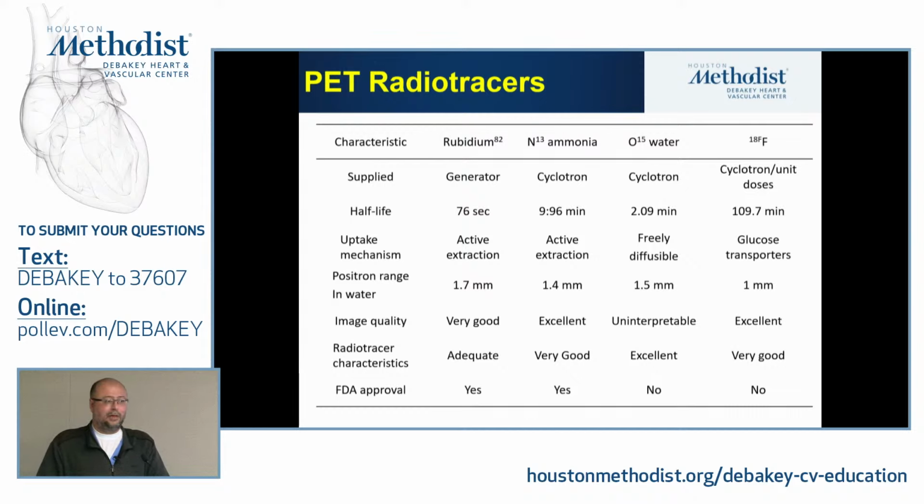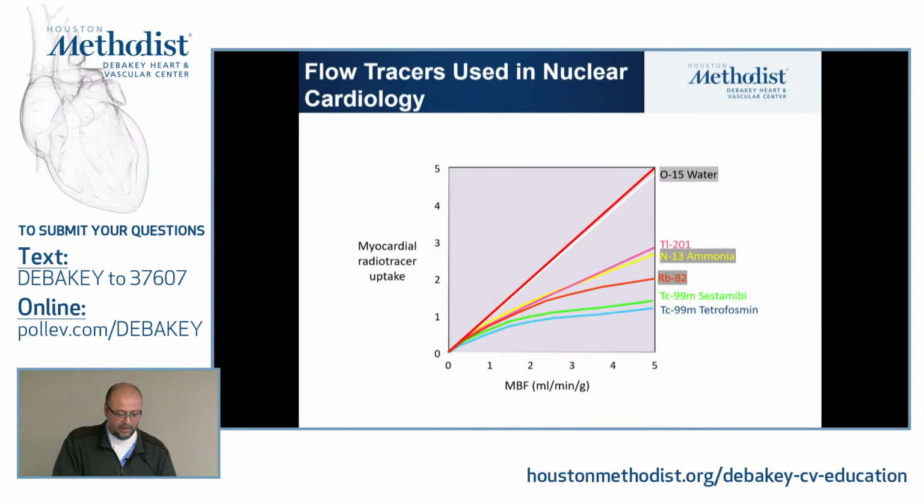So maybe by the time I give this next year, I'll tell you that we have new FDA-approved tracers. But right now, we only have rubidium and ammonia. In Europe, they use O15 water heavily, and there are a few sites here that use O15 water. F18 radiotracers are hopefully coming up soon when the FDA reviews them.